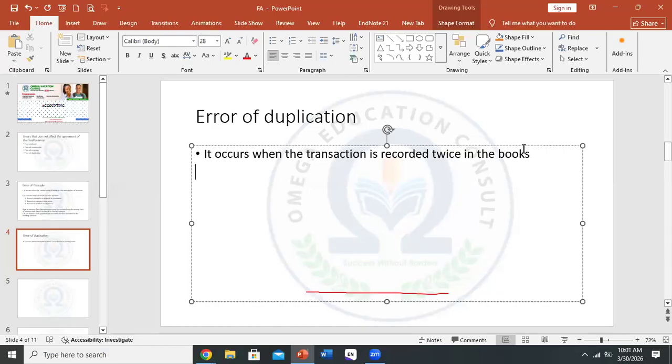So let me give an example. Cash paid to AC, a creditor, has been recorded in the books twice.